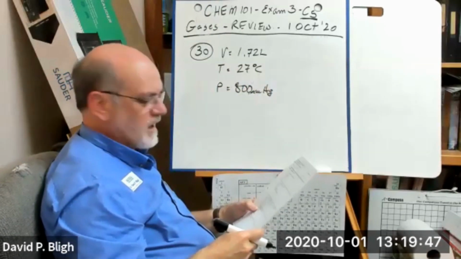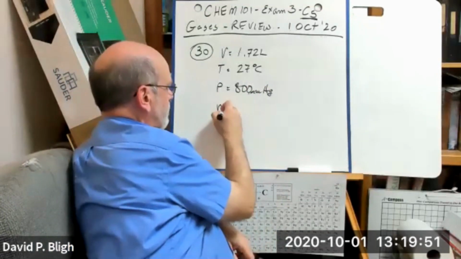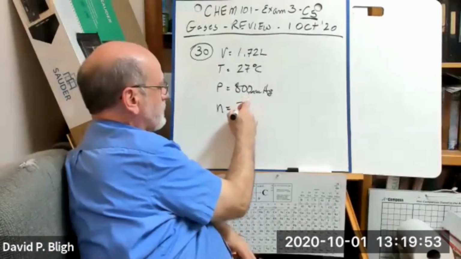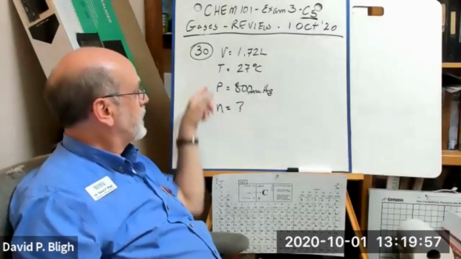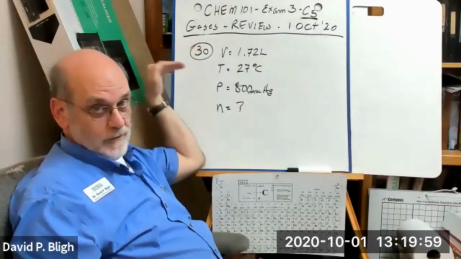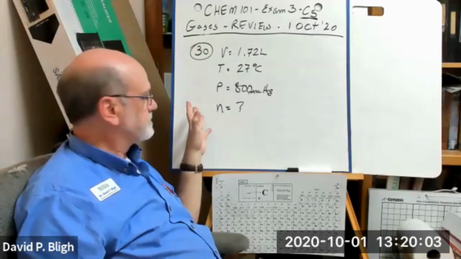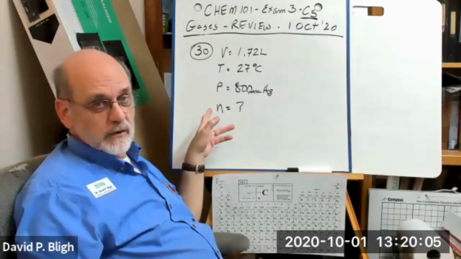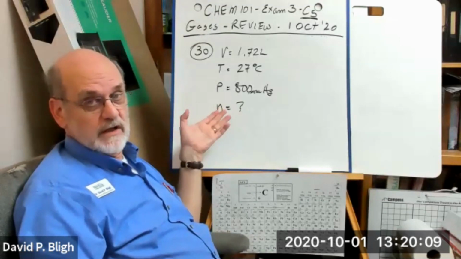How many oxygen molecules does it contain? That's what we're looking for. This is a state problem. You use the ideal gas equation because you're only given what it is right now. But you have to get your units right. Number of molecules, once you've got moles, that's an easy conversion because all you need is Avogadro's number.